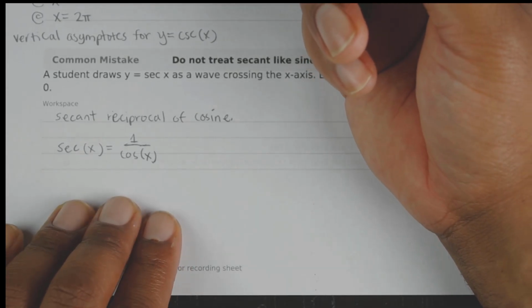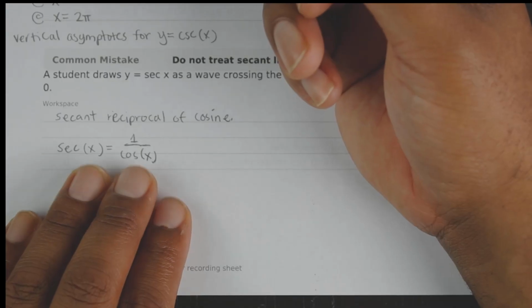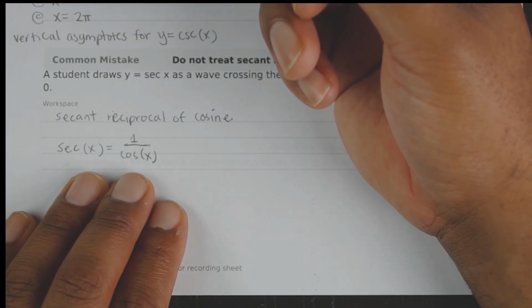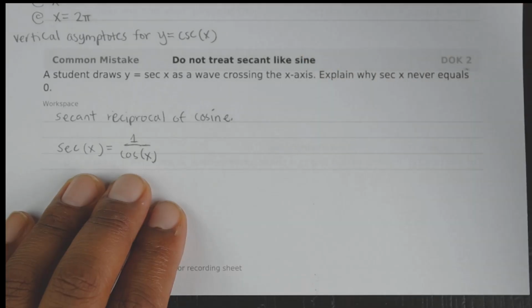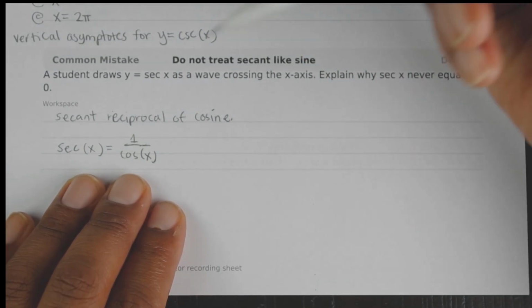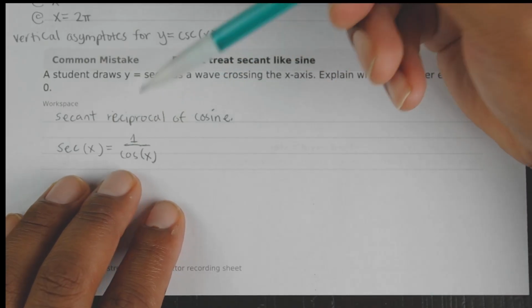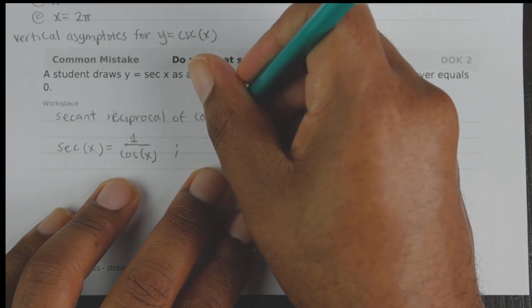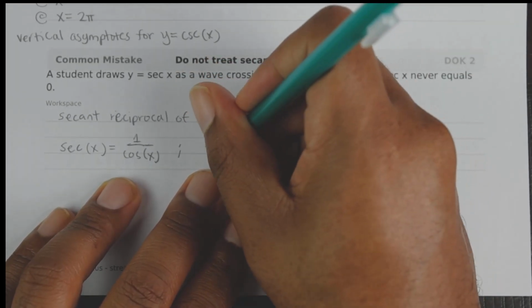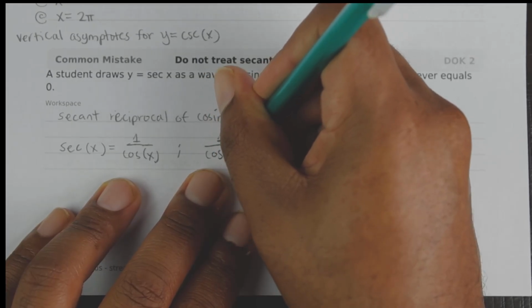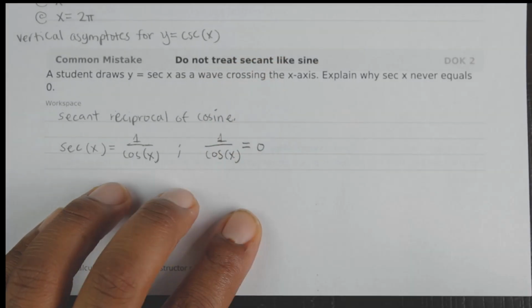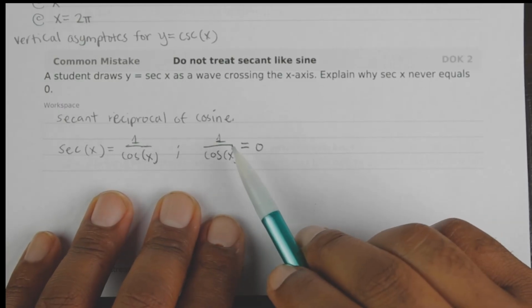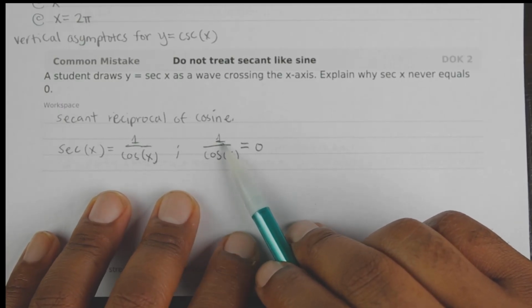For a fraction to equal 0, the numerator must be 0, but the numerator of secant, you can see, is always 1. So if we said 1 over cosine of x is equal to 0, the numerator is 1, not 0.